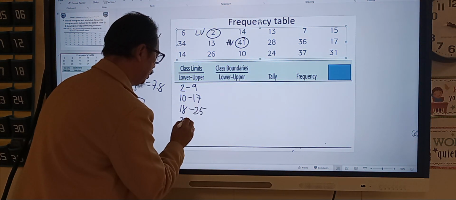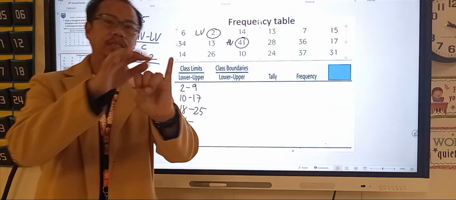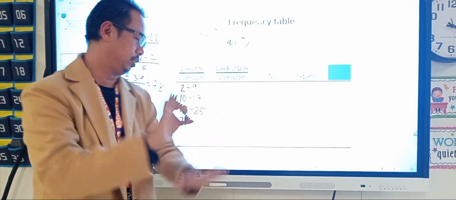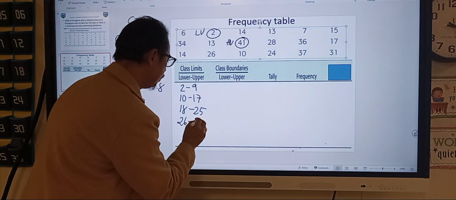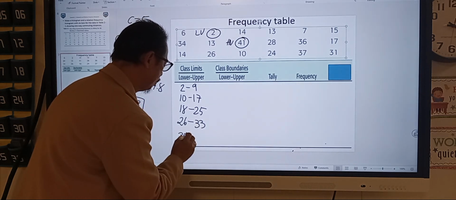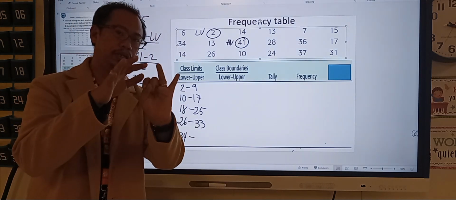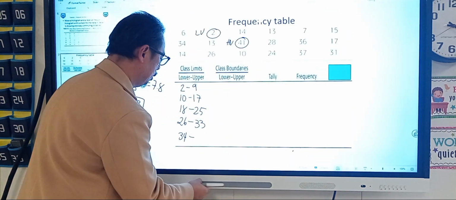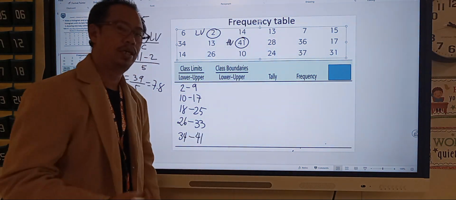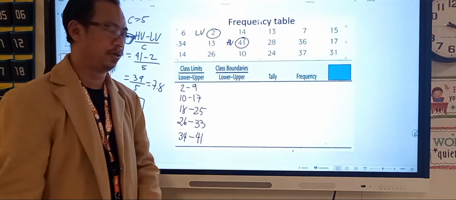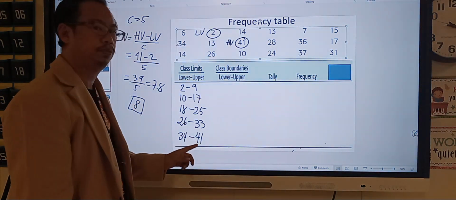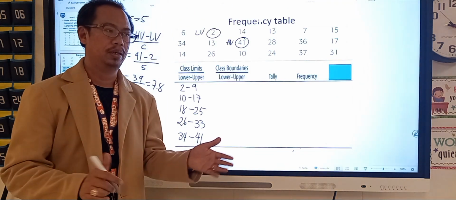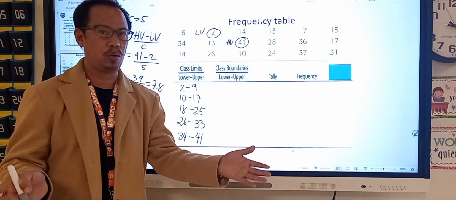Then 26 here. You count again: 26, 27, 28, 29, 30, 31, 32, 33. Then 34 here: 34, 35, 36, 37, 38, 39, 40, 41. So we don't have 42 and so on because the highest value is 41 only. Once you reach the highest number, you stop from that row.